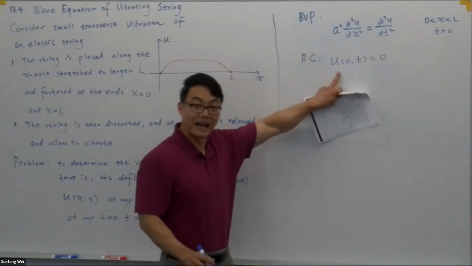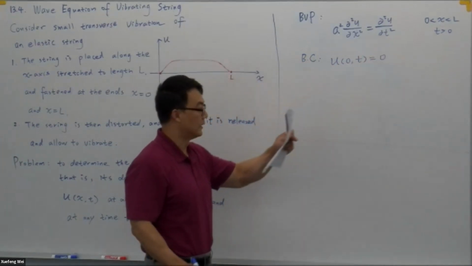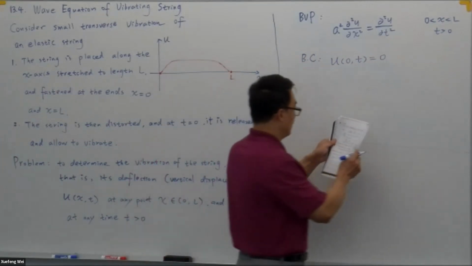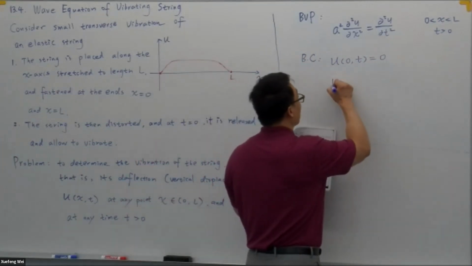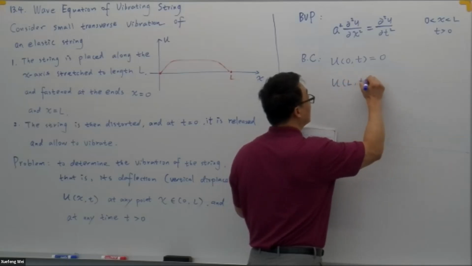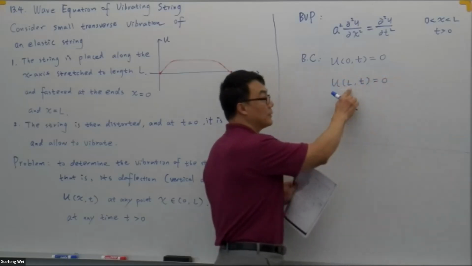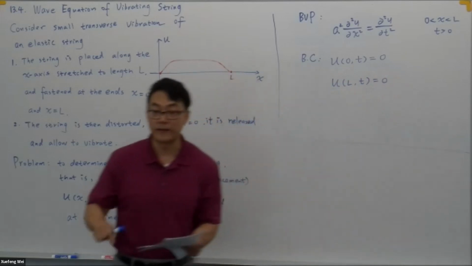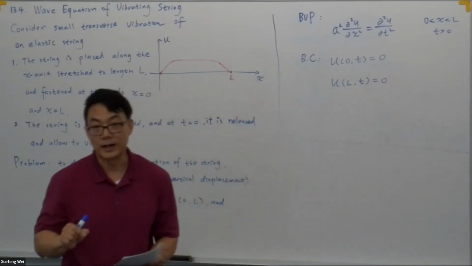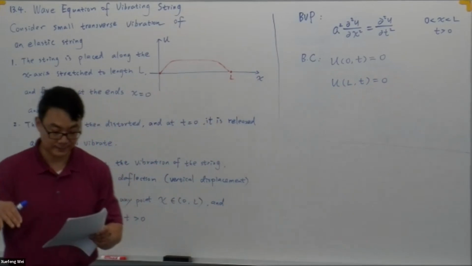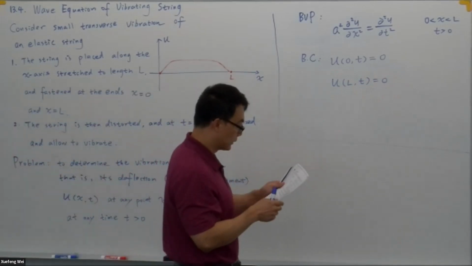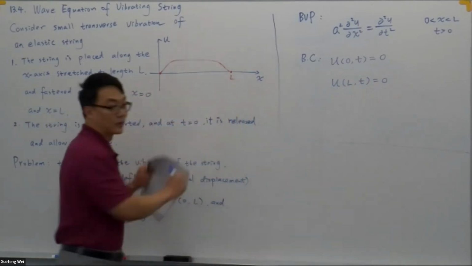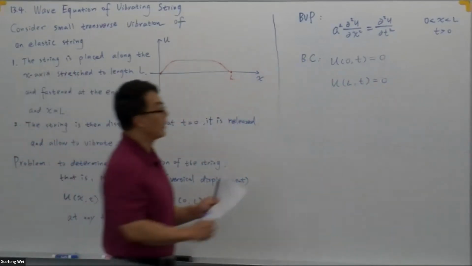That means the left end is fixed at zero height from the x-axis. And u(L,t) equals 0. This means the right end is also fixed at zero height from the x-axis. So these are two boundary conditions. Both ends are fixed at zero height.